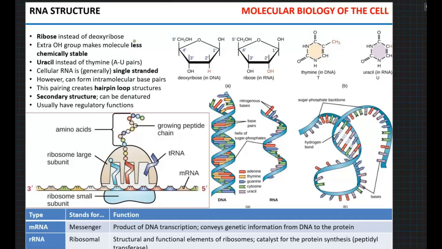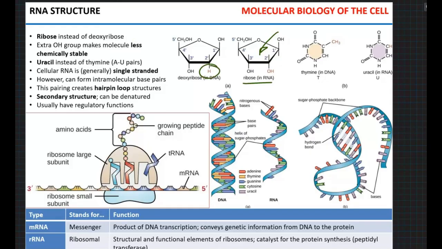So RNA is also composed of nucleotides, but it has some slight differences. One of the differences here is a different sugar, ribose. Now, if you compare ribose that is found in RNA to deoxyribose that's found in DNA, you can clearly notice one, and only one, difference.